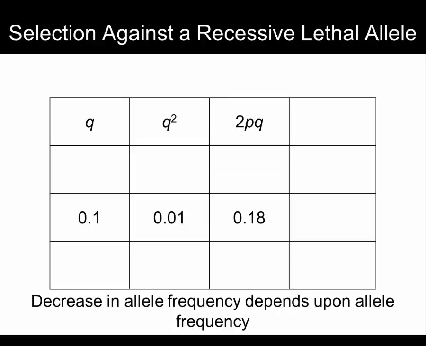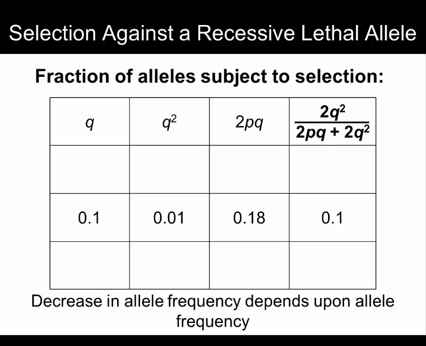Note that the specific decrease in q will depend on what q initially is. In our first scenario, where q equaled 0.1, q squared was 0.01, and 2pq was 0.18. Initially, the total number of recessive alleles is 2 times q squared plus 2pq, but all the alleles in homozygous recessive individuals will be lost since they don't survive and reproduce.